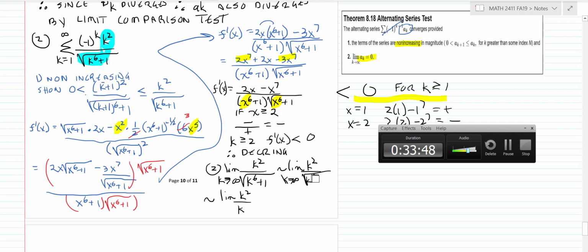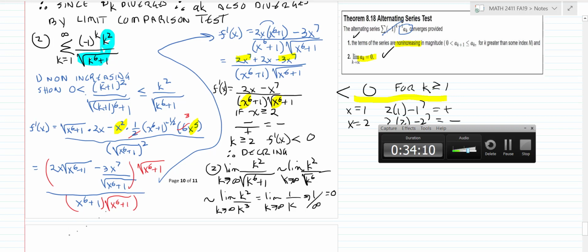I think I'm thinking ahead here a little bit. Okay, so that would reduce down to the limit of 1 over k as k goes to infinity, so that would be like 1 over infinity. That's 0. Okay, so we've done both of those two things right there.